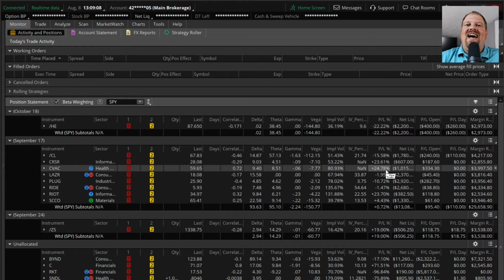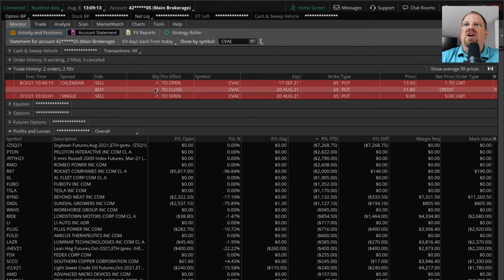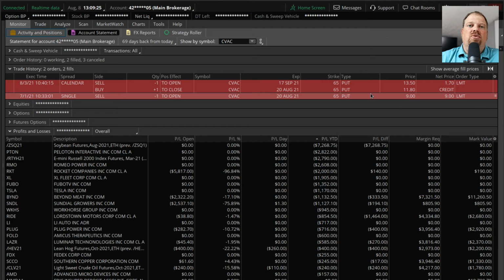The thing is, that's only a 25% profit if you've only considered that you sold the short put at $13.50 here. These other transactions are not reflected in this P&L in the Thinkorswim platform, or really any platform. All have this handicap.